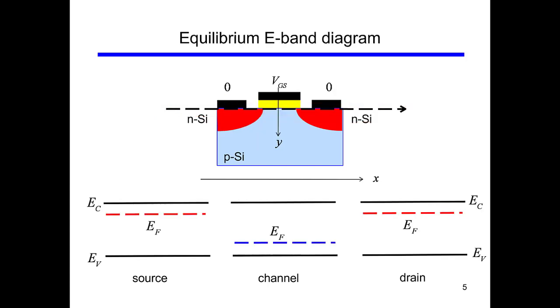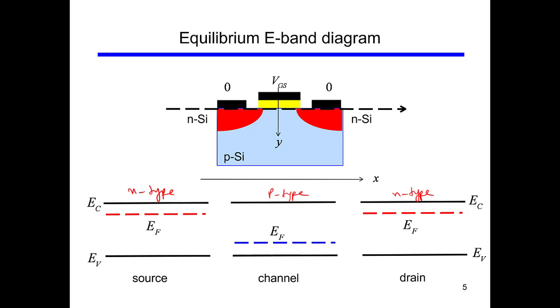Again, we can draw the energy band diagrams of n-type material. So our source is n-type, our drain is n-type, and this is our channel, which is inside a p-type material.